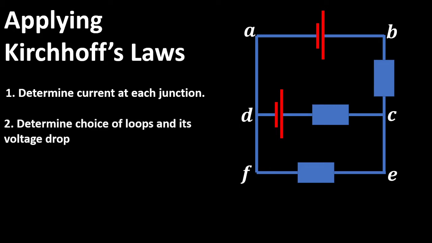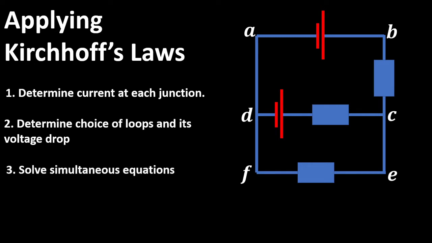Remember, loops is when you take a path, you begin somewhere, you take a path and you end where you began, right? And then along those loops, you think about the voltage drops across resistors or any other passive components, okay? And then the last step is once you have done step 1 and step 2, you will find yourself having a simultaneous equation problem.